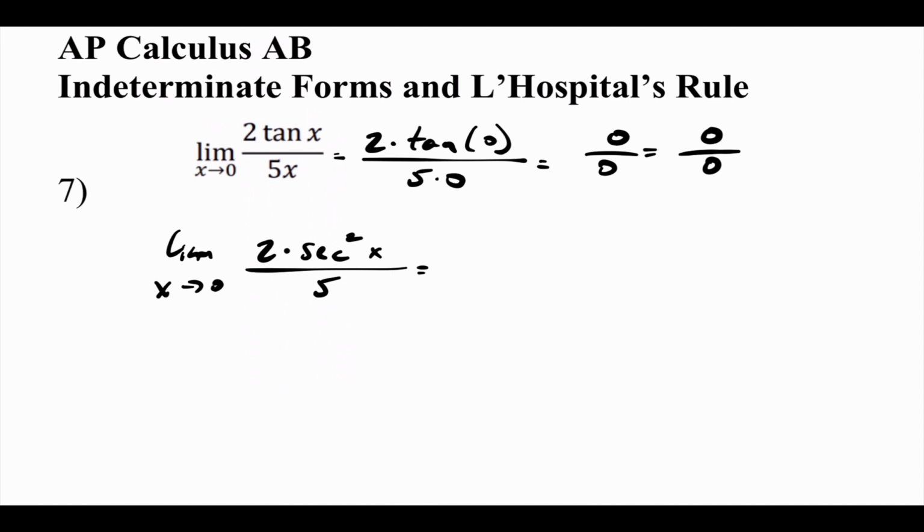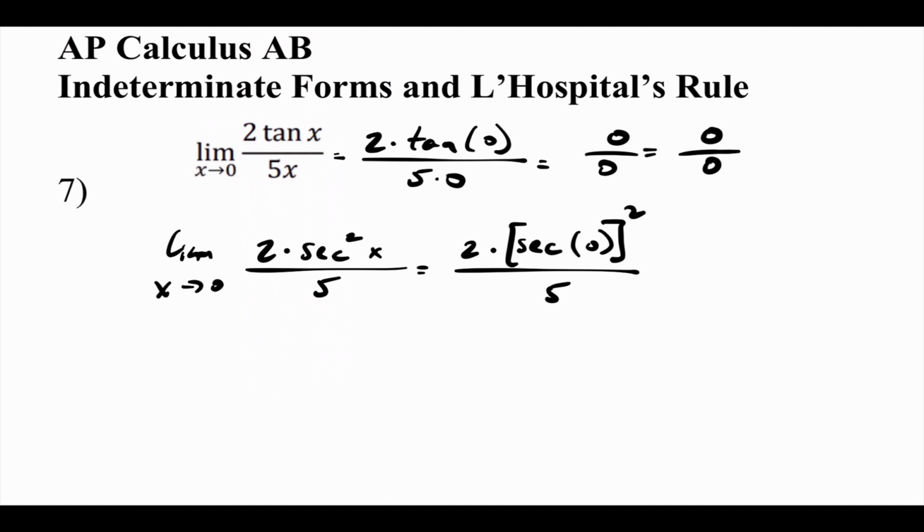Plug in 0. So we get 2 times secant squared of 0. Essentially, this is what secant squared means. It means find the secant of 0. Whatever you get, square it. So secant of 0, secant is going to be cosine flipped. Cosine of 0 is 1, right? So if I flip 1, it's still 1.